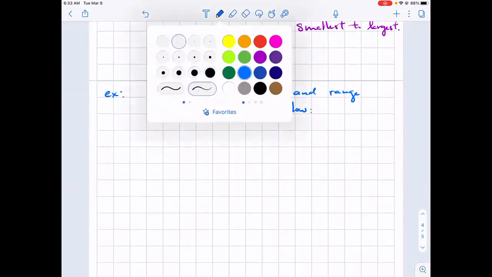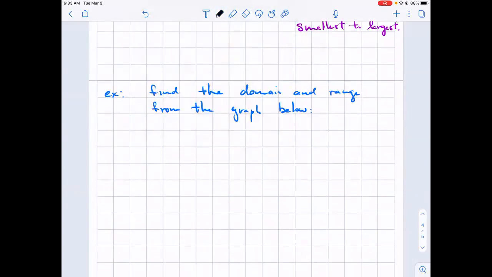And here I'm giving you this graph. The graph I'm presenting to you is this graph here. Let's call this graph h of x.